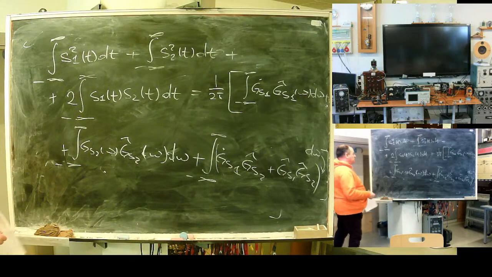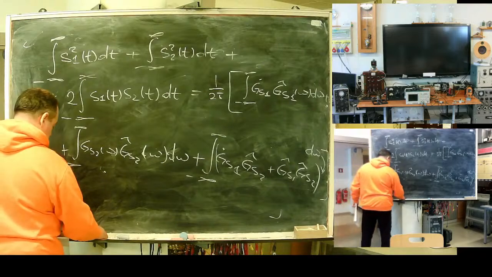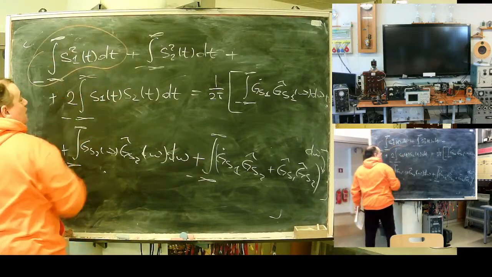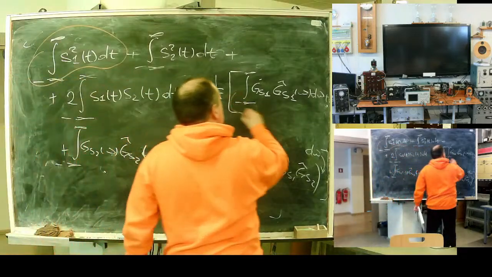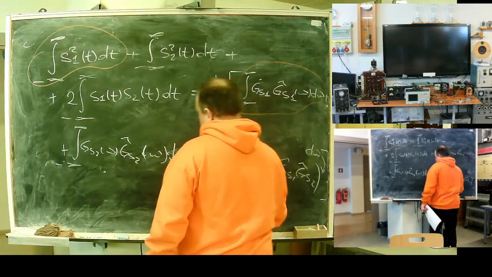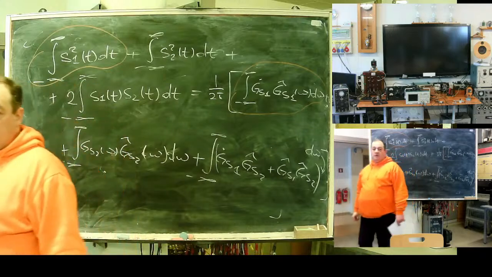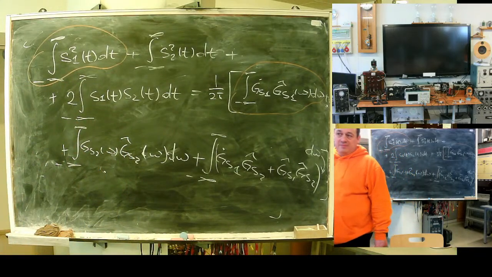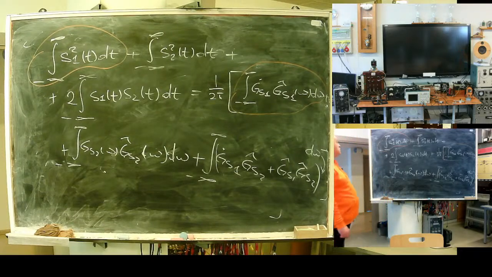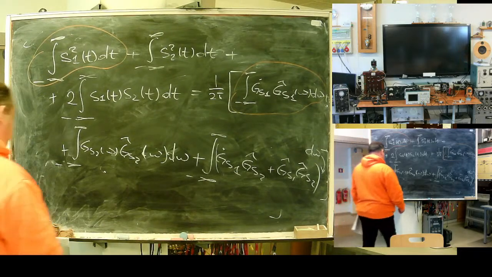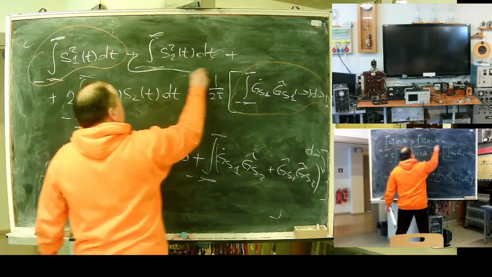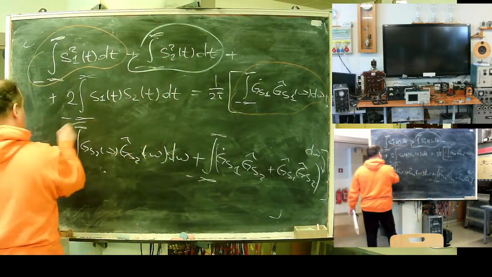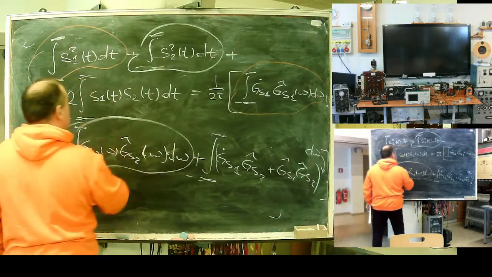Funny, is it funny? What do I see? I would like to compare this to this. What do I see? I see the Parseval theorem, meaning that these two are equal. I can compare this to this.